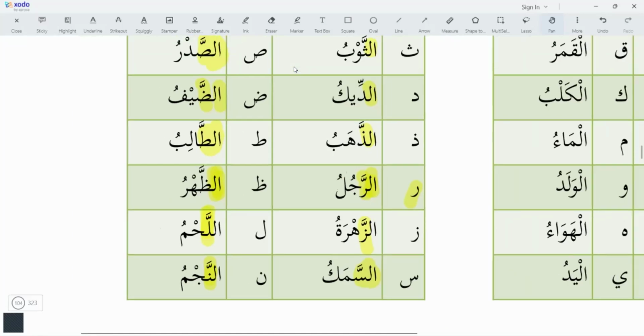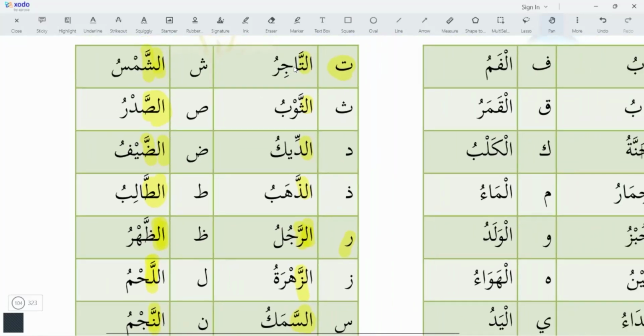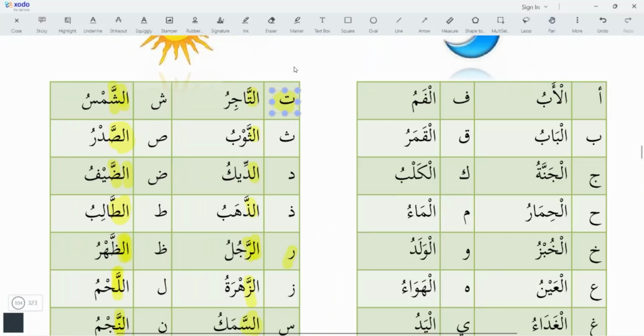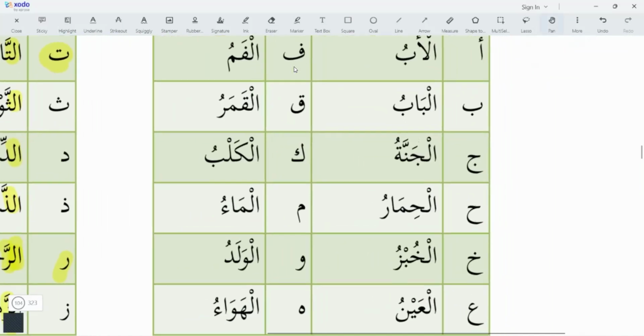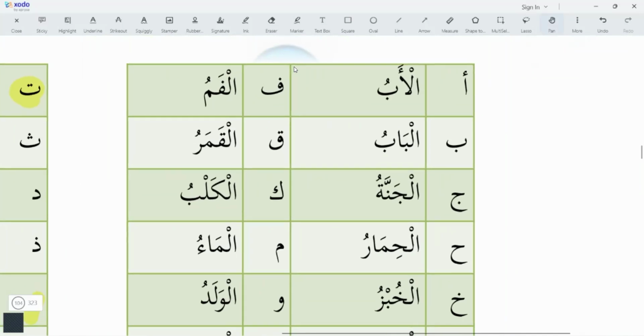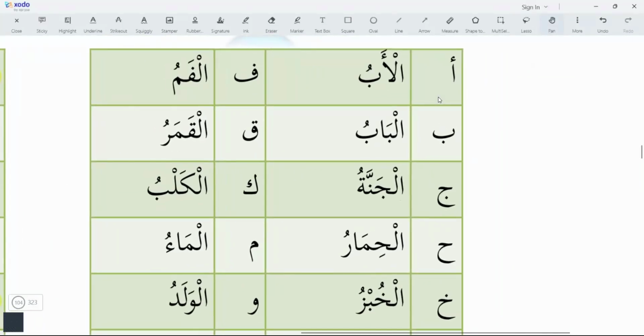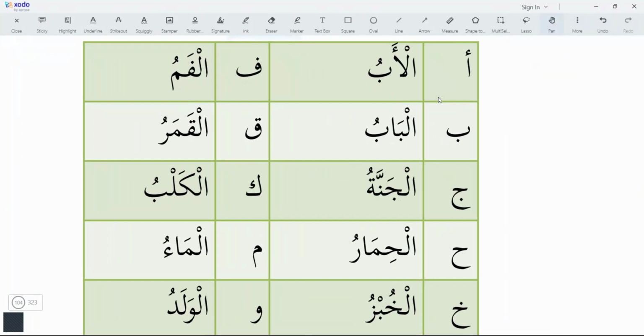So these are the huruful shamsiya. And now these are the huruful qamariya. And in the huruful qamariya, we will pronounce the alif and lam. Alif, hamza, al-abu.